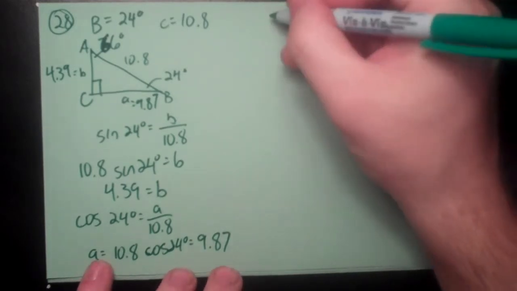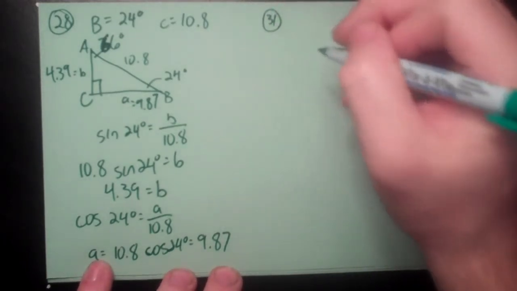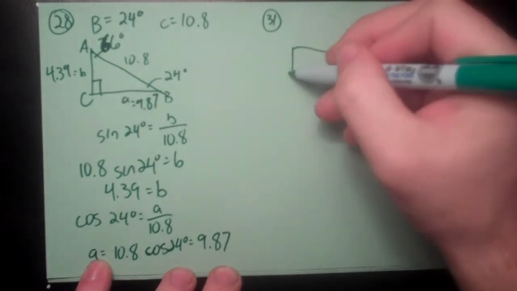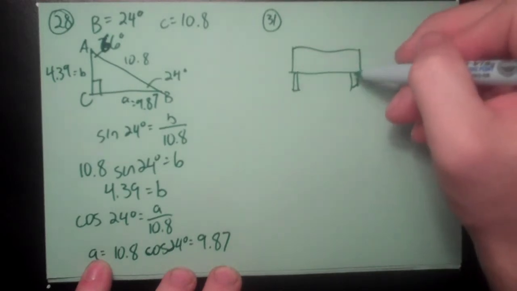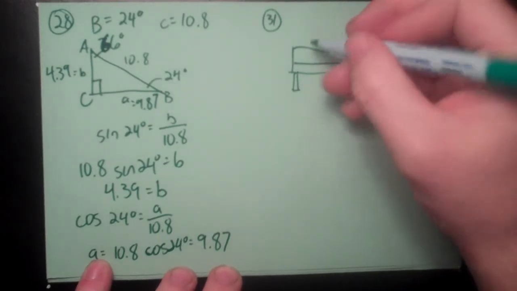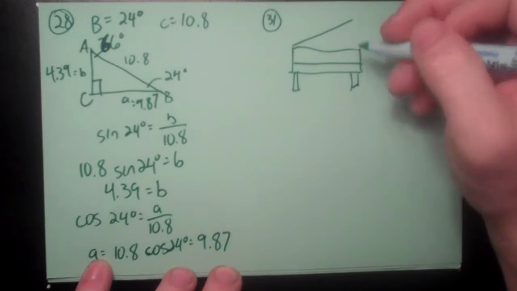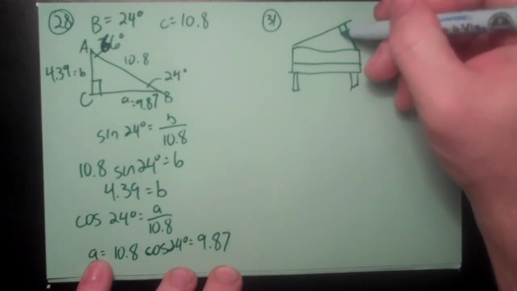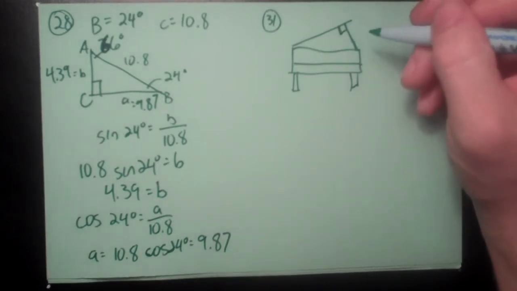Let's do a quick word problem here, number 31. So here's a piano with its legs like this, and the keys there. Its lid, I don't know if that's the right word for the top of a piano, but I'm going to call it the lid.